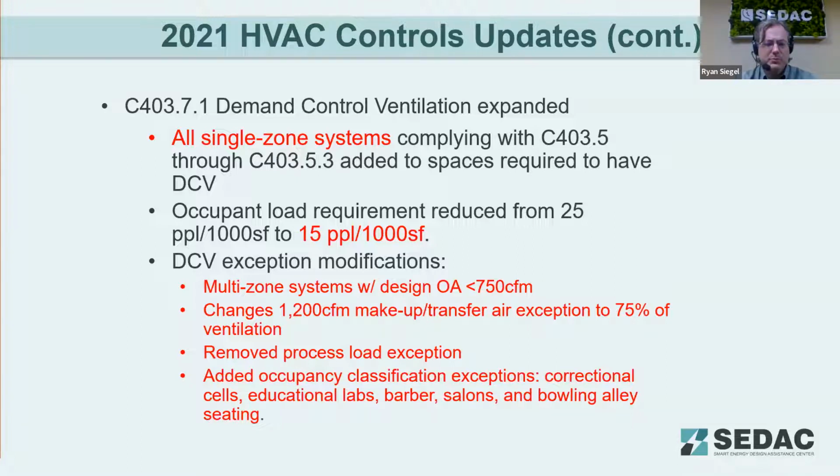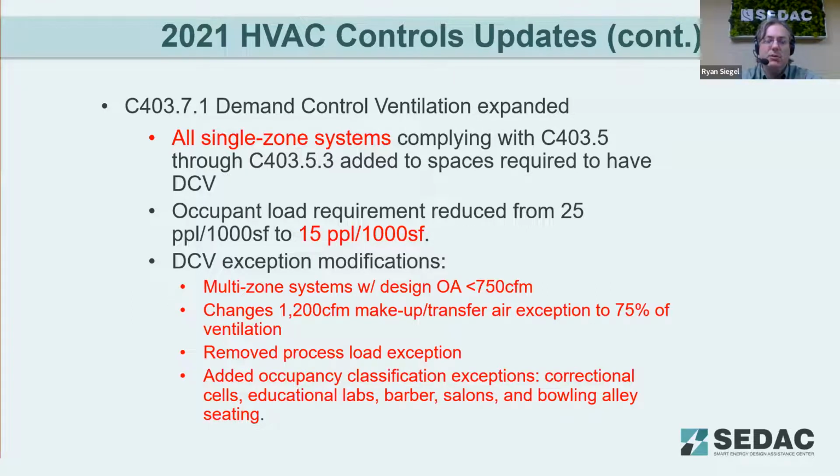And part of this is also understanding occupancy classifications. And so there are some of these, correctional cells and educational labs, and several of these occupancy classification exceptions. These are places where we either have near continuous occupancy like correctional cells, or we're likely going to be ventilating for reasons other than people: barber shops and salons and bowling alleys.